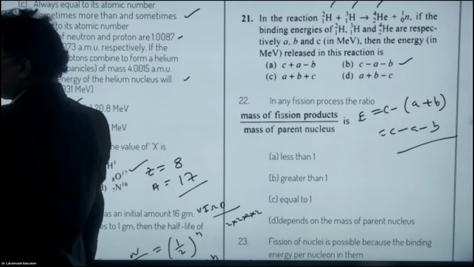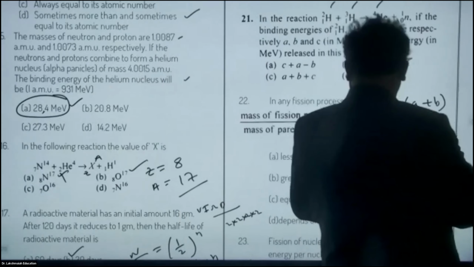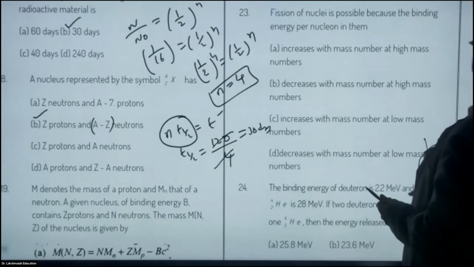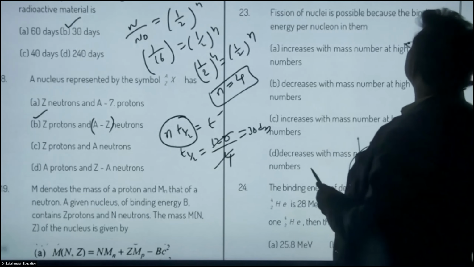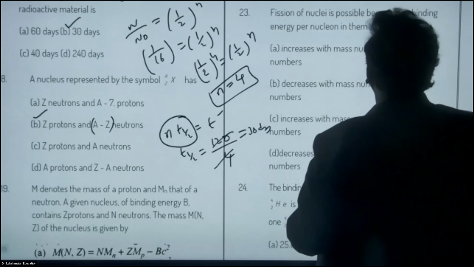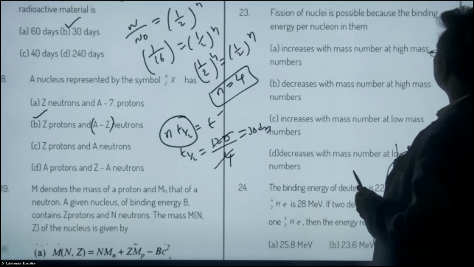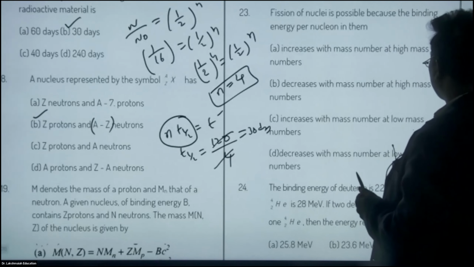What is the next question? Fission of nuclei is possible because the binding energy per nucleon in them increases with mass number at high mass number, or decreases with mass number at high mass number, increases with mass number at low mass number, decreases with mass number at low mass number.